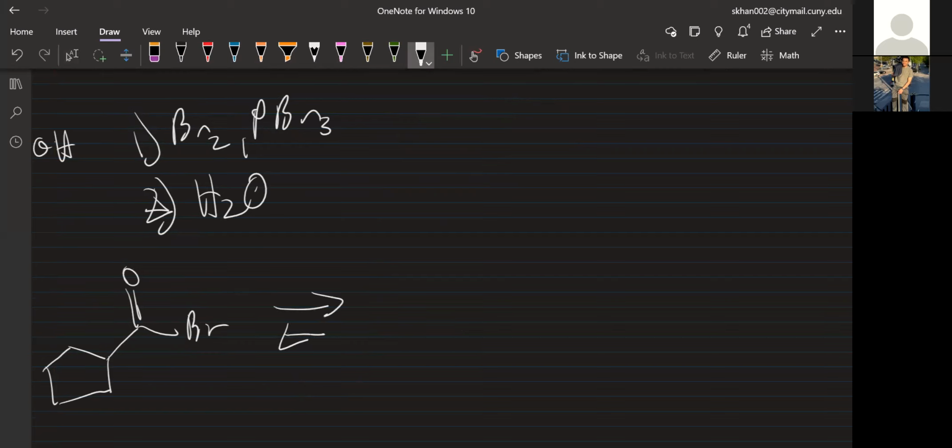Basically what happens here is that H is going to move to where the O is, and then the double bond is going to move between those. So that's just a simple tautomerization.